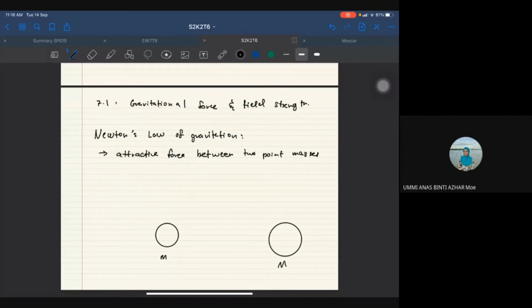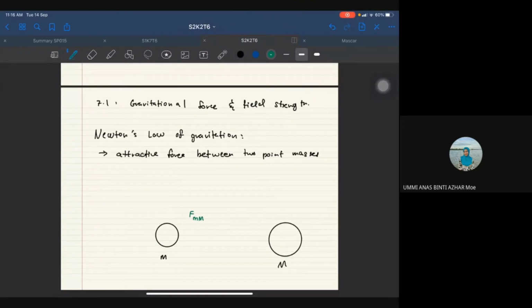Kalau attractive force, direction dia ke mana? Kalau contohnya dekat M ni, so dekat sini F dekat M daripada M, F on M by M.